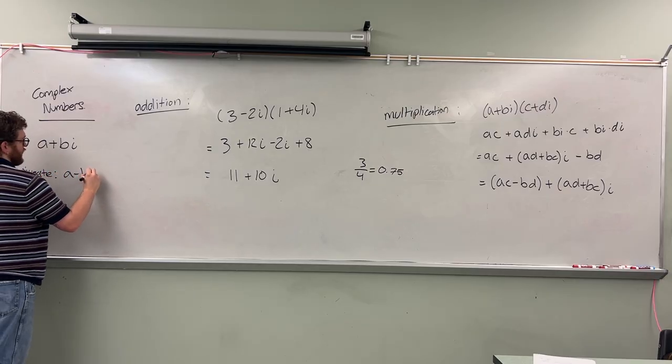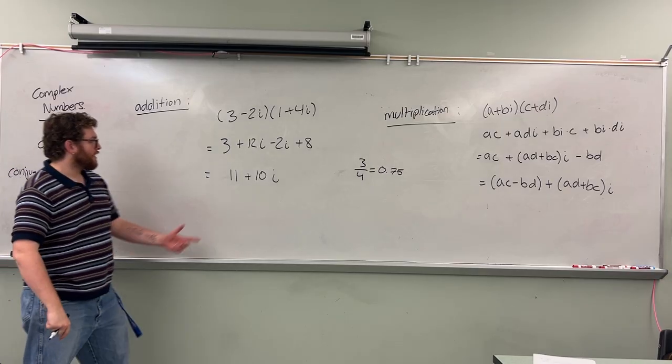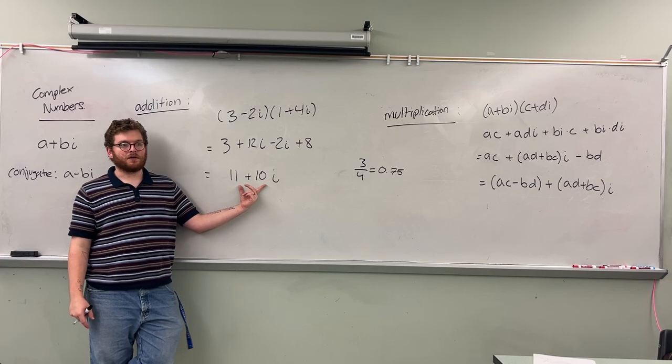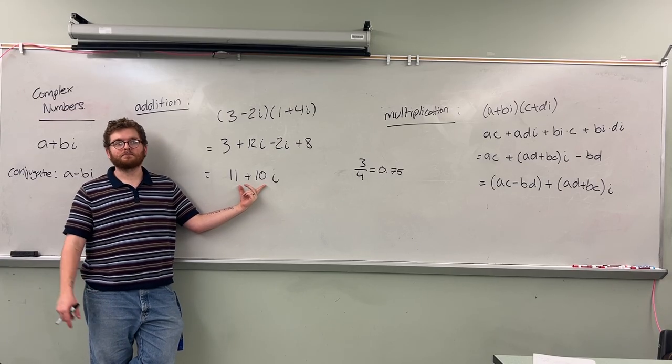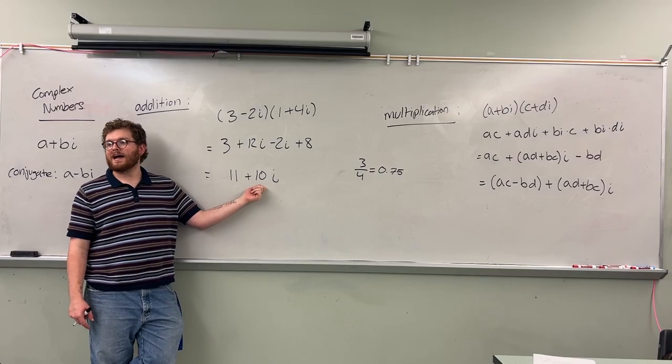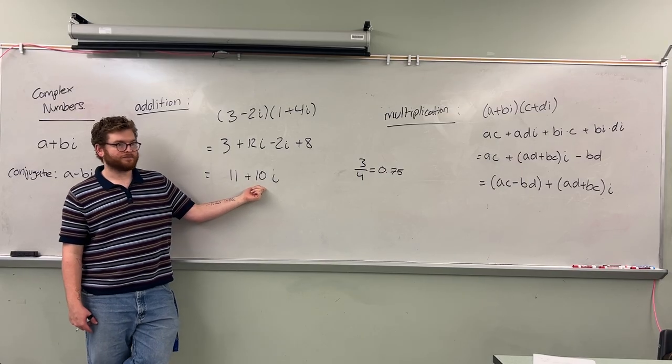A minus bi. So for example, what's the conjugate of this number? 11 minus 10i. I make the imaginary part negative.